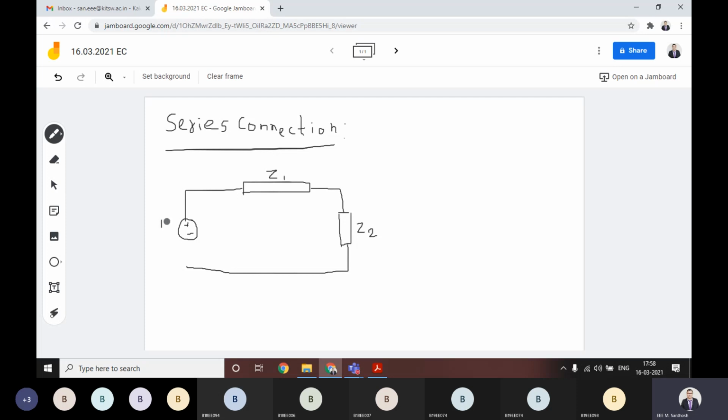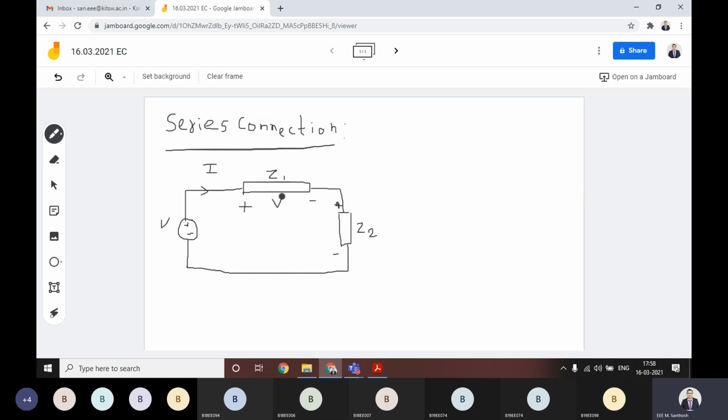This voltage value, let us suppose, is V. Because of this voltage V, some current is induced in this circuit, that value is equal to I. Then, if you measure the voltage across Z1 and Z2, are both the same or different?